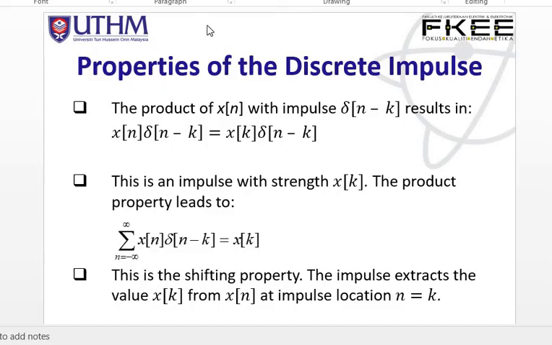Next, I would like to explain more on the property of the discrete impulse. The product of x[n] with the impulse delta[n minus k] will result in x[n] delta[n minus k] equal to x[k] delta[n minus k]. What does this mean?